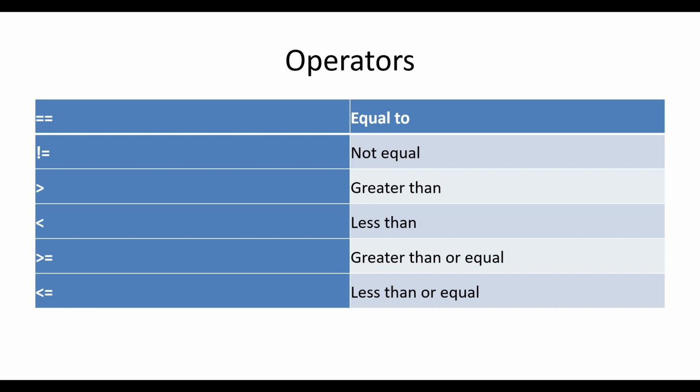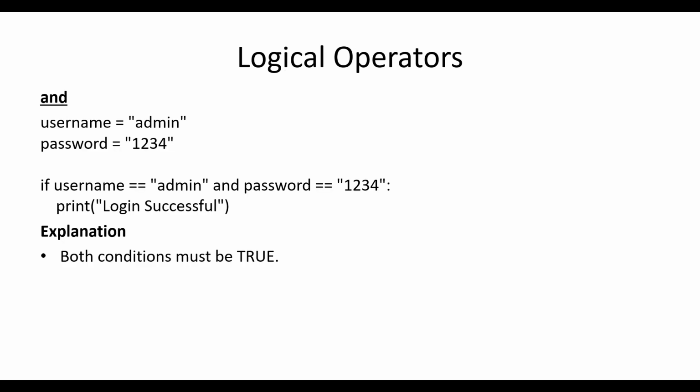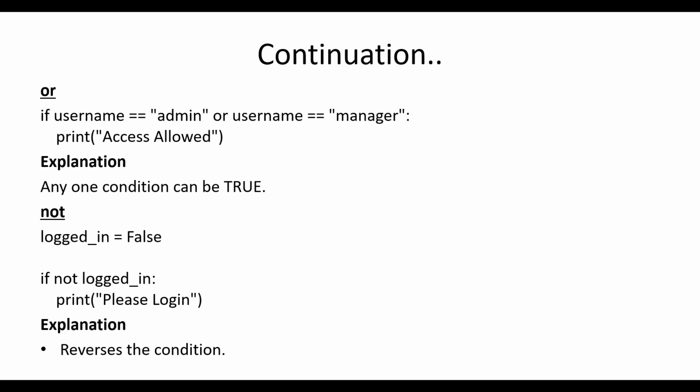Then we discussed the operators: equal, not equal, greater than, less than, greater than or equal to, less than or equal to. Then we discussed the logical and operator. When both the conditions are true, the and operator will return true. Then only if we are using it in the if statement, the print statement will be executed.